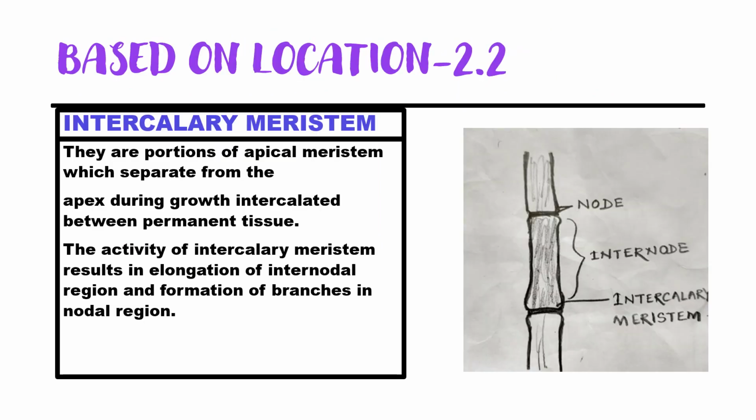We are going to discuss here intercalary meristem. So what is intercalary meristem? Intercalary meristem is the meristematic tissue which is intercalated, or positioned, in between two permanent tissues. This has the power to divide.